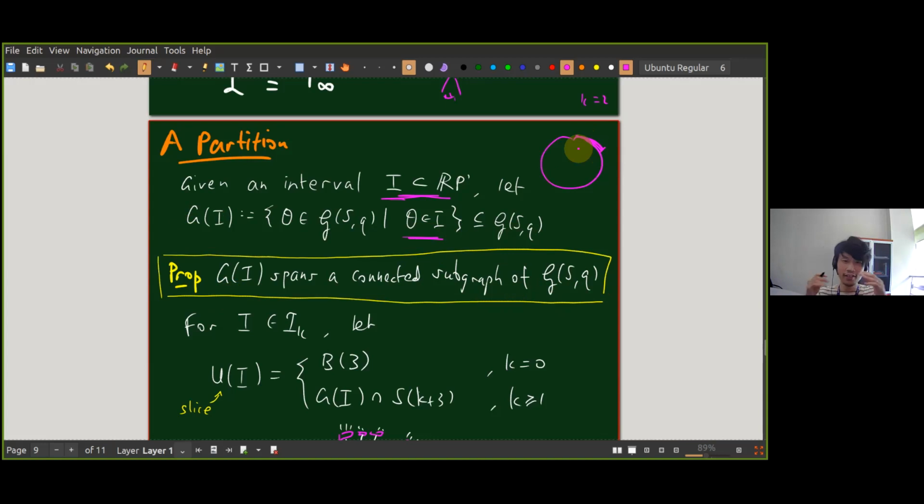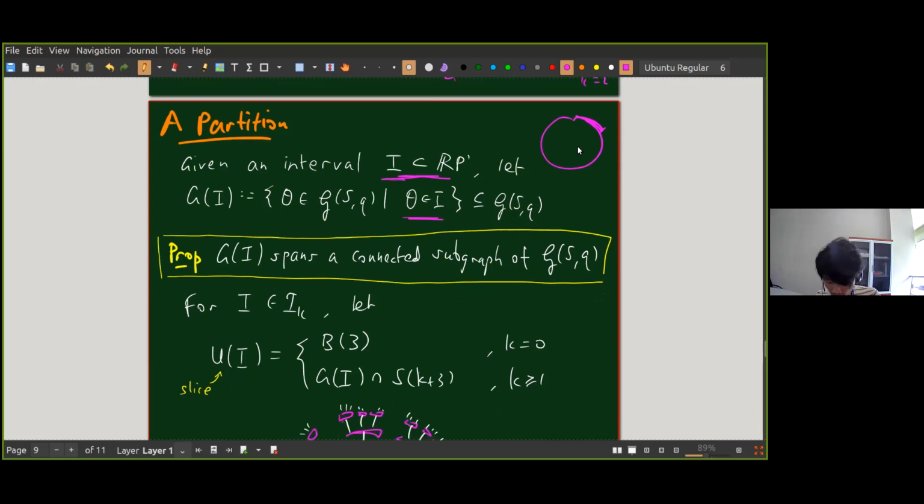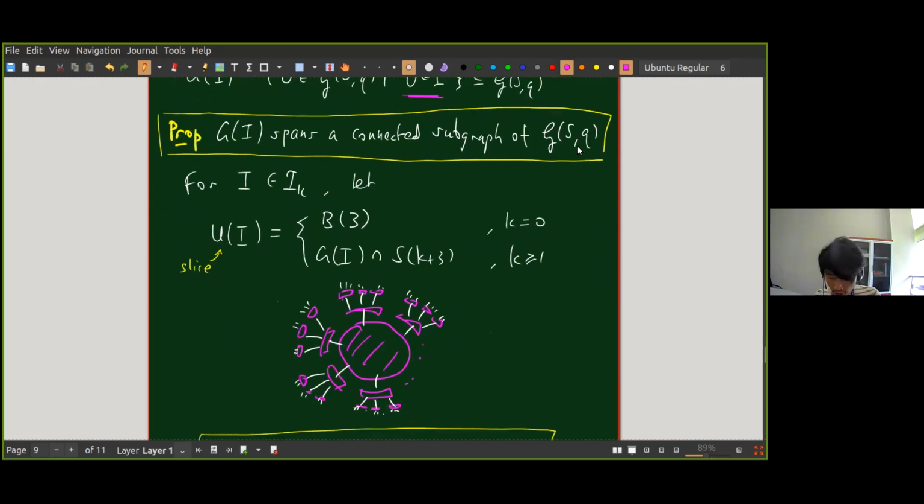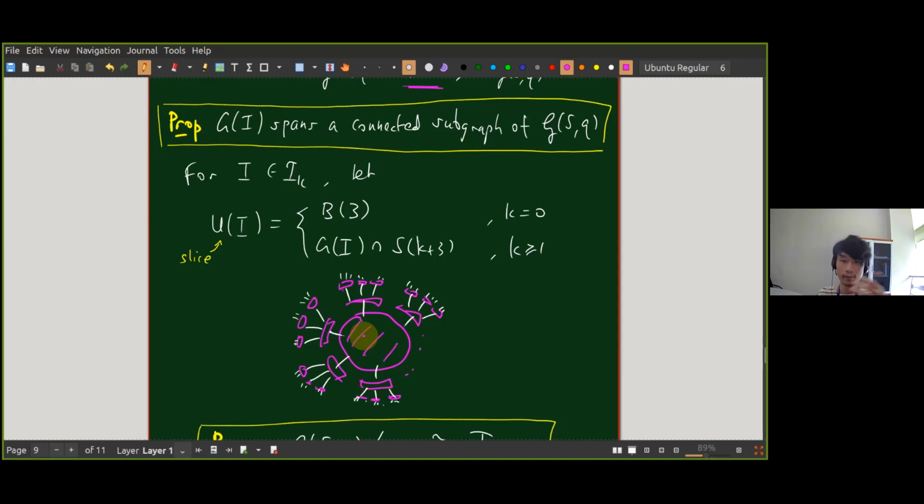But this is not going to give you a partition, because if I give you one interval contained in another, the corresponding subgraphs will be contained in one another. So that won't give you a partition, but there's a tweak that we do that gives us a partition. I'm going to give you some subset of the vertices in one-to-one correspondence with each interval.